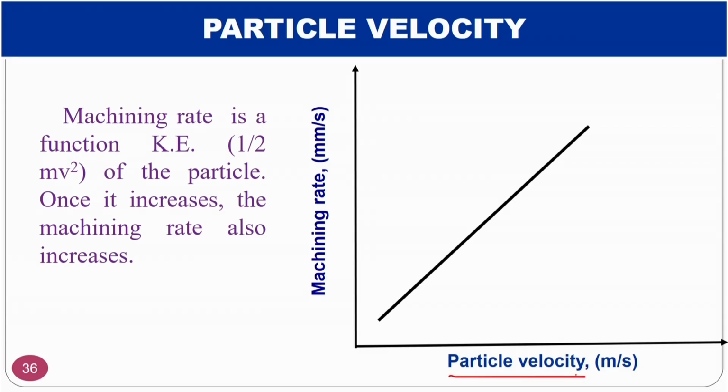If the particle velocity increases, the kinetic energy of the particle will be more, and it will come and hit the workpiece with a greater velocity. So, the material removal or the machining rate will be continuously increasing, and the particle velocity is proportional to the machining rate.